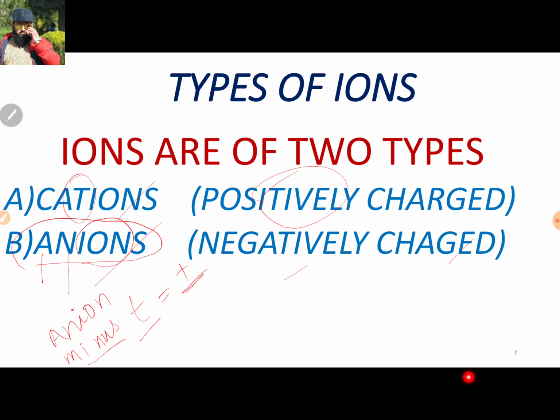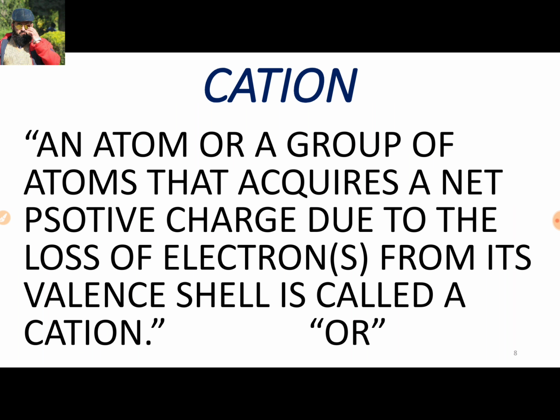The number of alphabets is equal in both of them. Minus has 1, 2, 3, 4, 5 alphabets. Similarly, anion has 5 alphabets. So in this way you can remember that a cation is a positively charged particle and an anion is a negatively charged particle. So let us talk about cations.